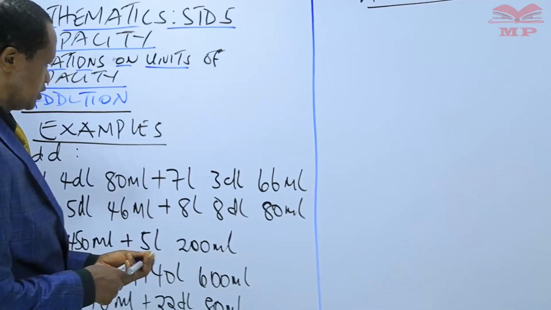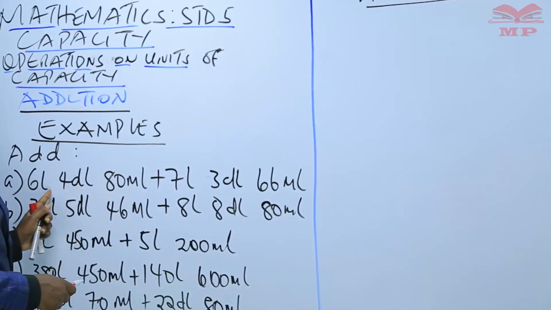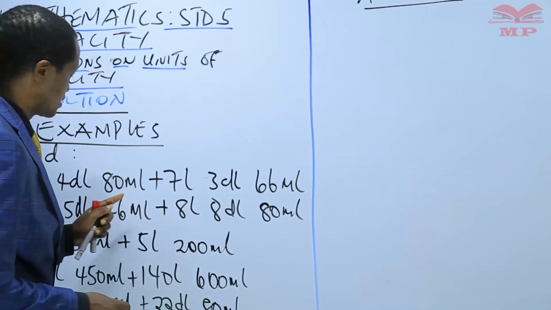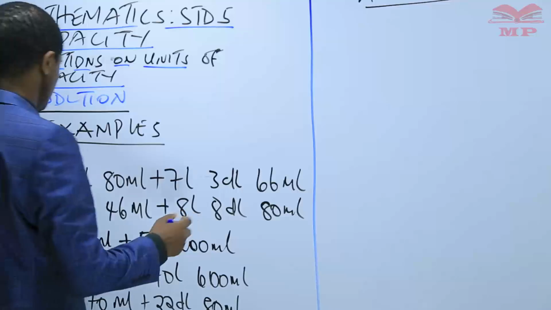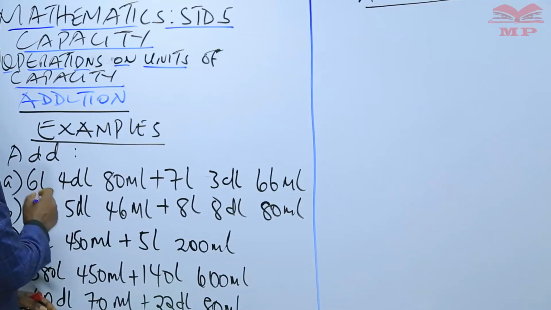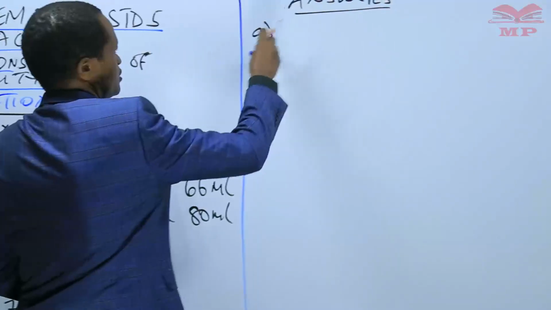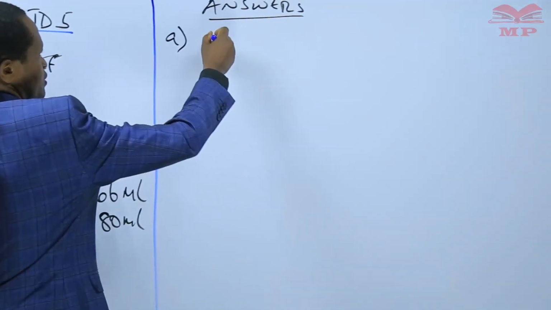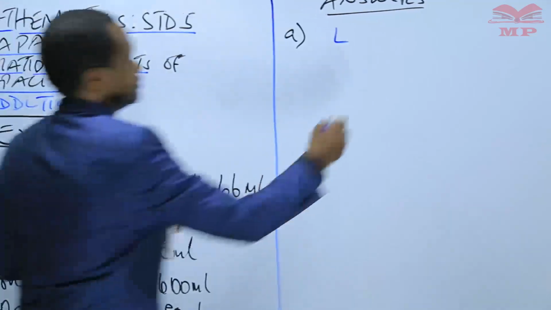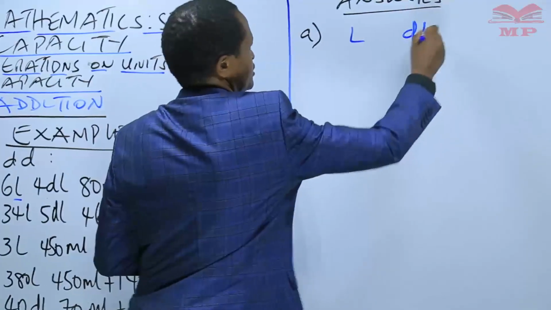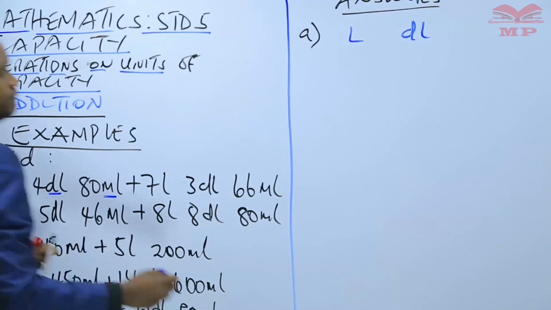So we will rearrange these units of capacity in columns. So the first column will have liters. This is question A. The second column will have deciliters. The third column will have milliliters.